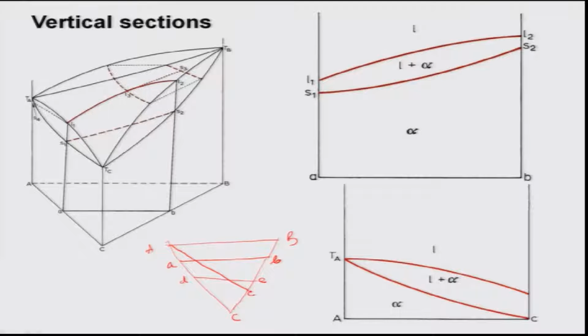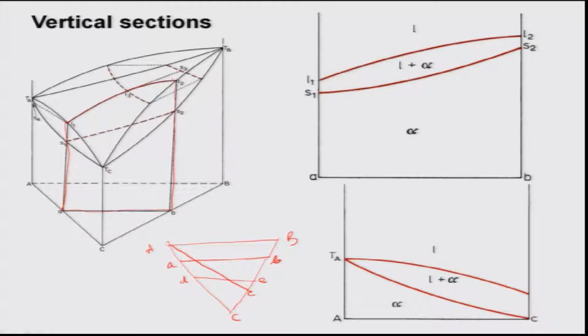Suppose I draw a vertical plane. This is the vertical plane, let me just draw it for you. This vertical plane moves directly up, and as it moves, it obviously cuts both the liquid and solid surfaces. As you see, it cuts the liquid surfaces at L1 and L2, L1 is here, L2 is there.